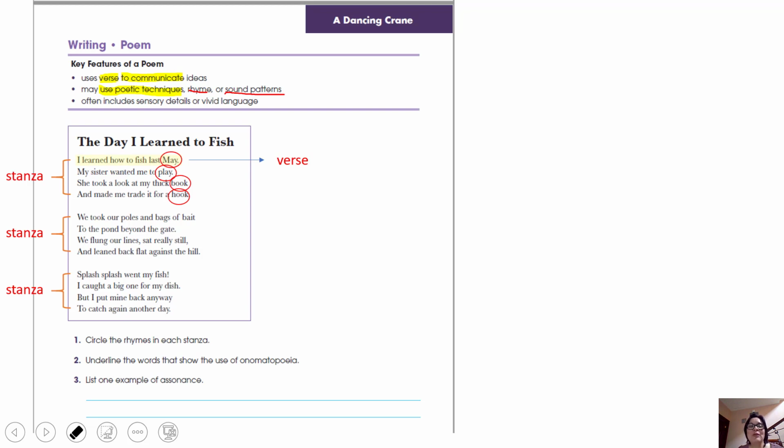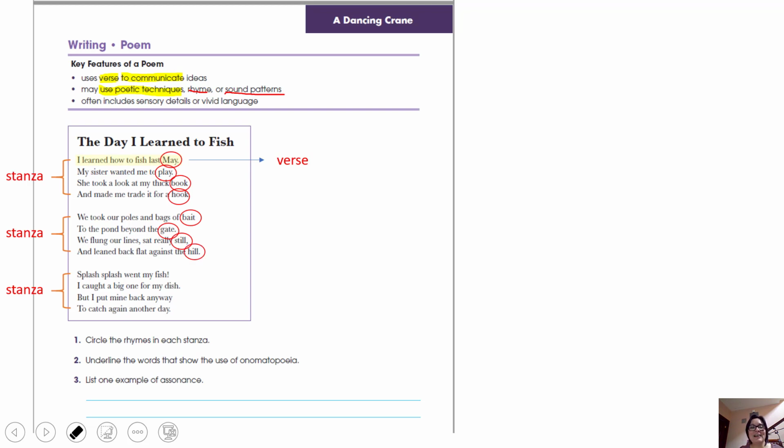Excellent. Now tell me in the second stanza. We took our poles and bags of bait. Bait. Do you have another word that rhymes with bait? Gate. Excellent. Bait, gate. Another rhyme? Still, hill.